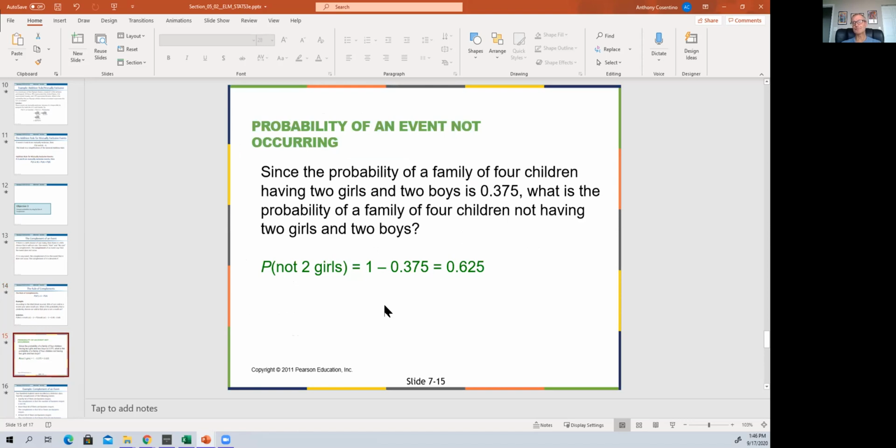Here's another one. The probability of a family of 4 children having 2 girls and 2 boys is 3/8 or 0.375. It's just like flipping a coin, actually. So what is the probability of a family of 4 not having 2 boys and 2 girls? Here's a good example where this calculation is easier.